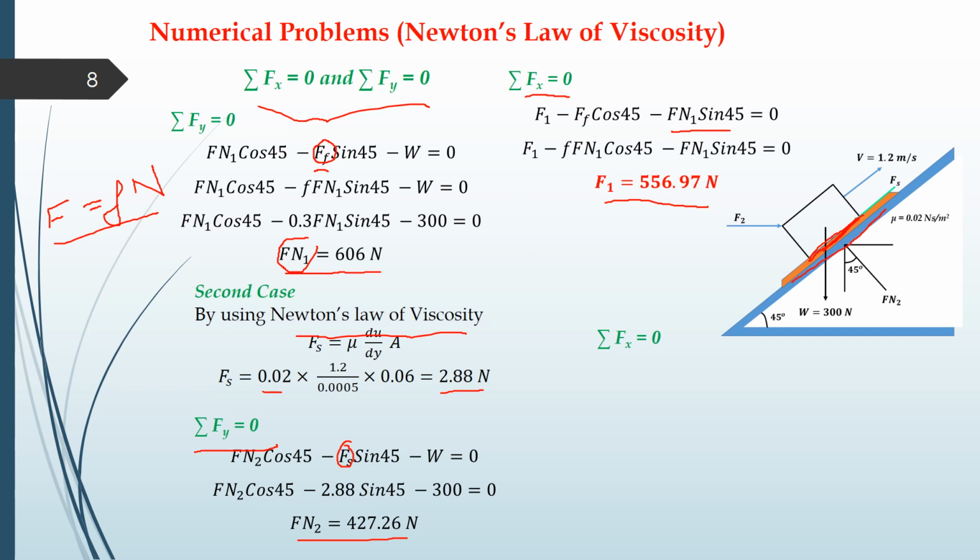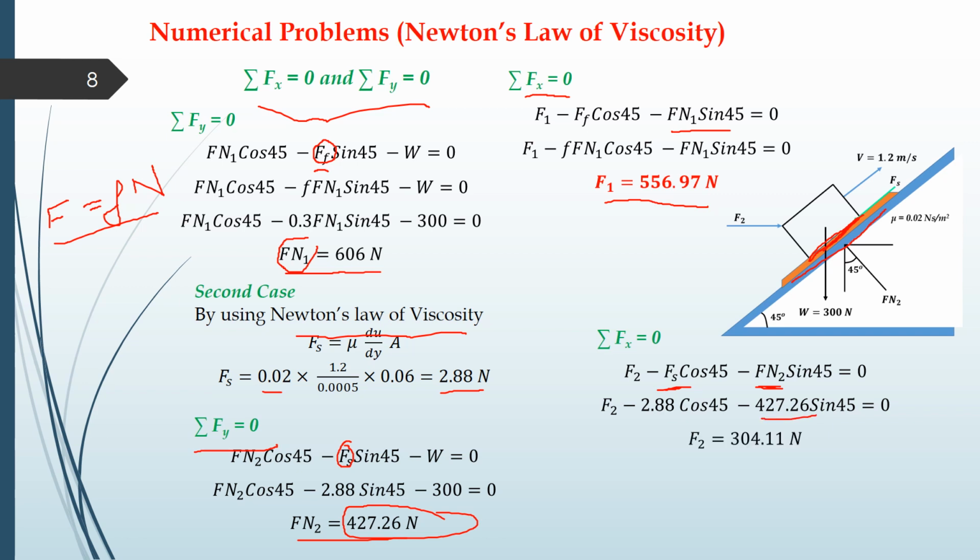Again we use the summation of forces in the x direction equal to 0 to find the force F2. The same equation is there, but instead of Ff we have Fs, the force due to shear. We put the value of the shear force and the value of Fn2, which we calculated for the second case.